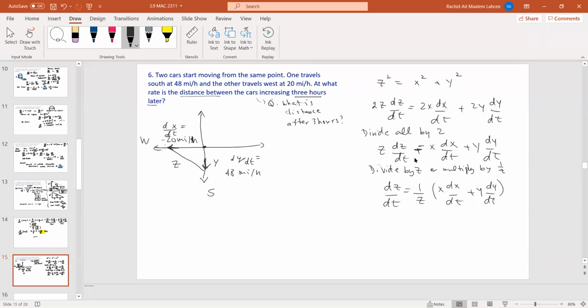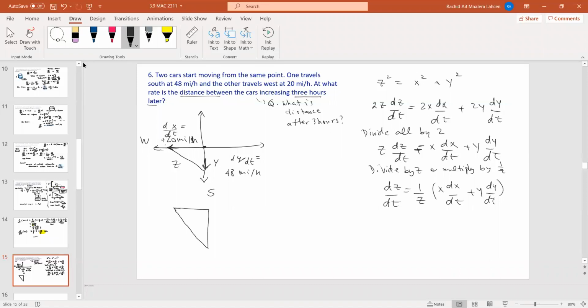But here we are looking at these rates, and when we switch this, it's going to stay positive. Why? Because we're not really looking at a direction on the x and y axis. This is more of a north, south, west thing, right? So there is no direction of positive, negative.